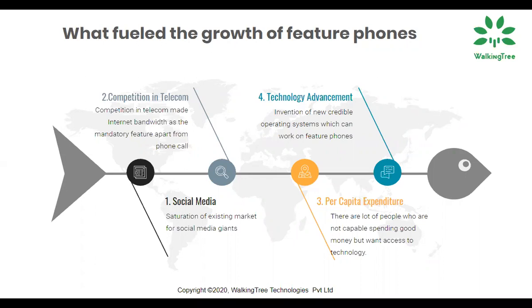They did provide internet, but through another channel. They would install a broadband or a lease line for you, but providing internet through the phone became an important aspect, and many telecom companies took that route to kill their competition, and they acquired a lot of customers by providing internet as a facility.